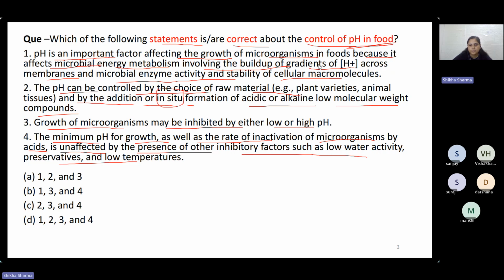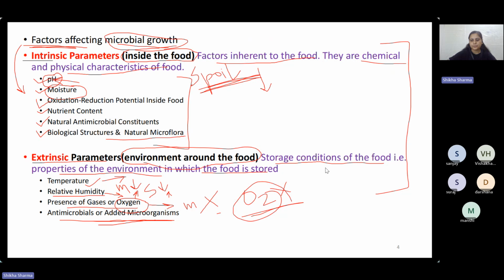Suraj is also saying A. Okay, so let's see the answer.